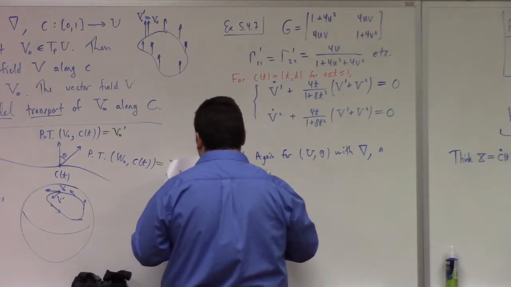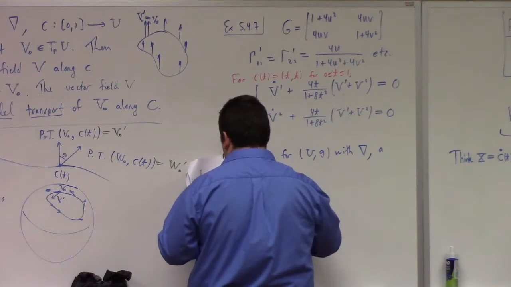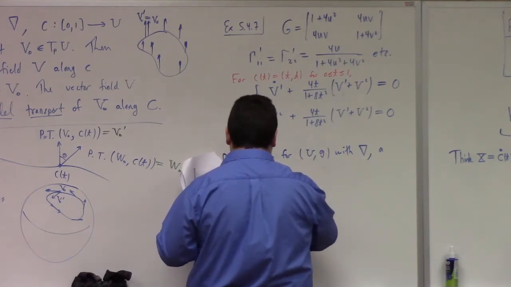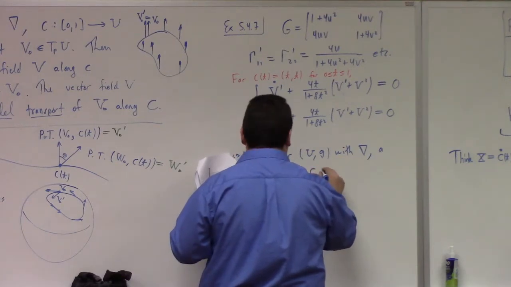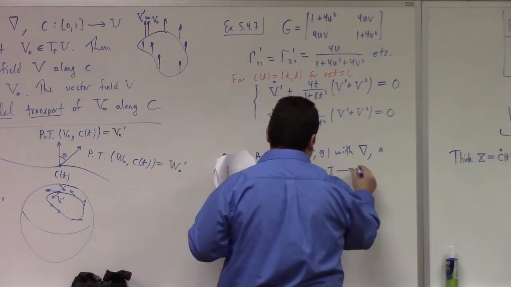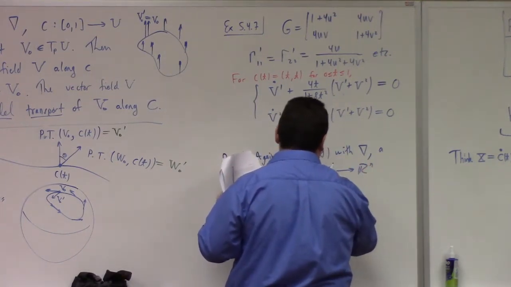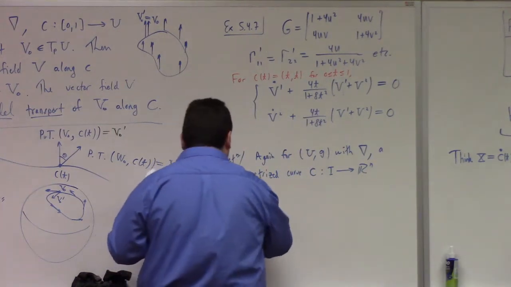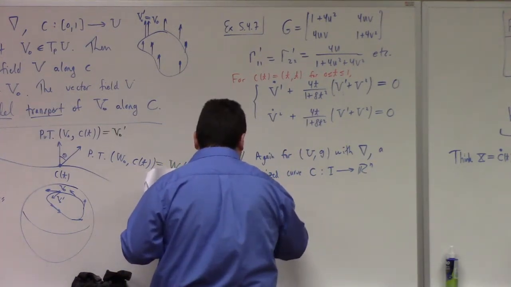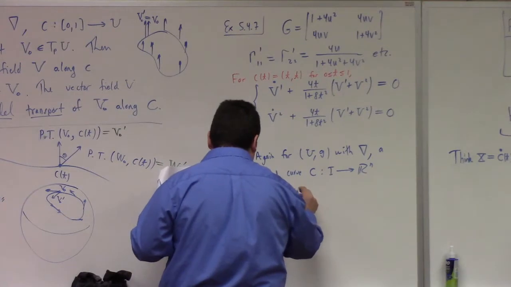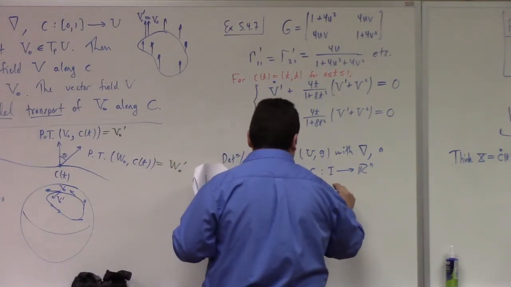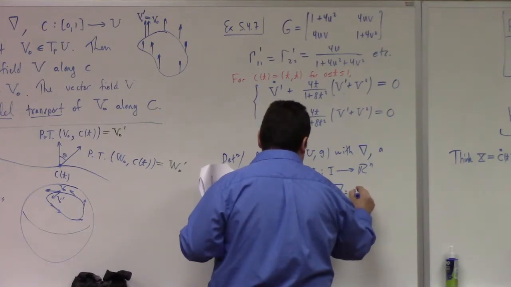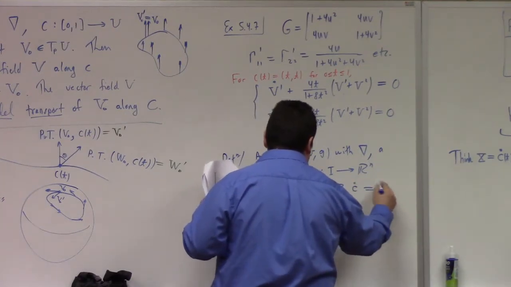A parametrized curve c from I, and we're dealing with a domain, but of course this can be adapted for a manifold, is a geodesic if what? If nabla of c dot is equal to 0.